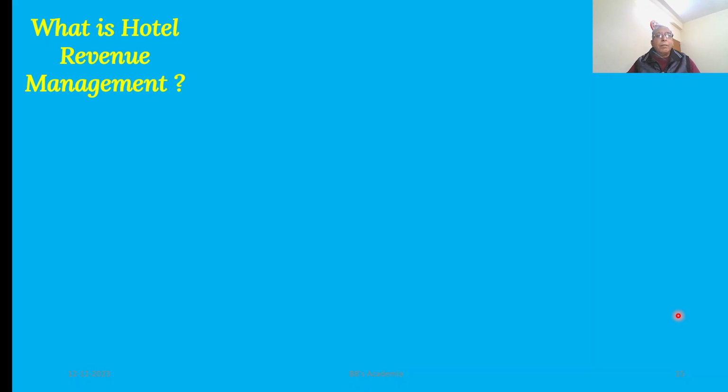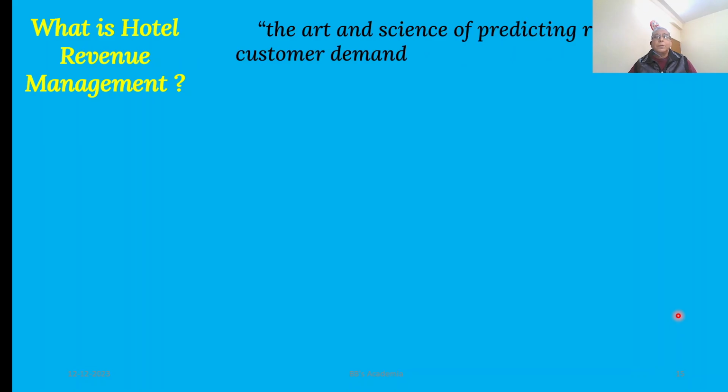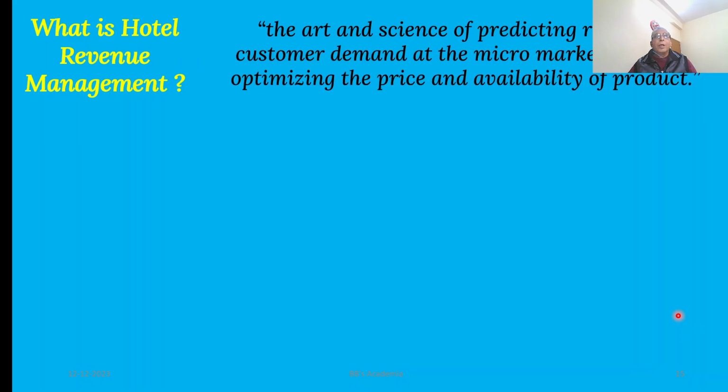Then ultimately, how can we define the word revenue management? There are many definitions available in different books, magazines, sites. We have to simplify it, firstly, to know exactly what revenue management is.